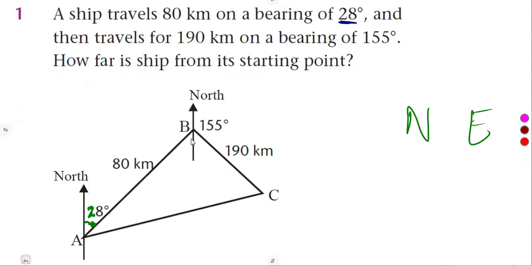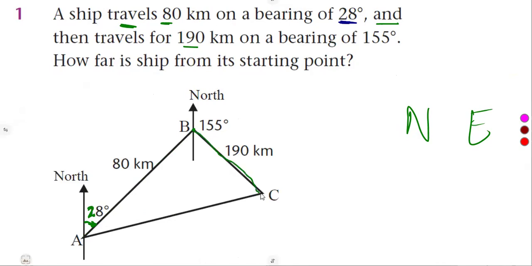And then it travels 80 kilometers, so it moved up and is now at B. At B, then it travels 190 kilometers. That is from B now.